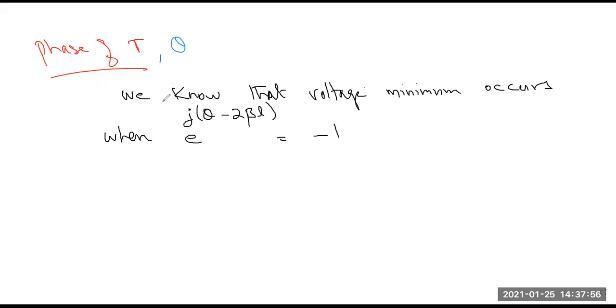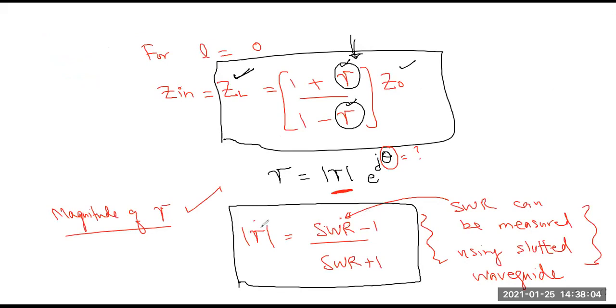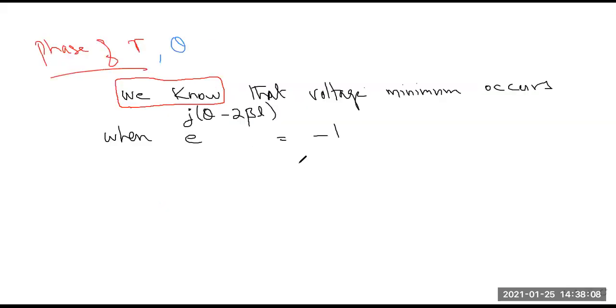When I say we know, it means that I am asking you to refer to the lecture during which I derived this relationship. Let me give you a brief summary of that topic. In that lecture, we were trying to find out SWR.